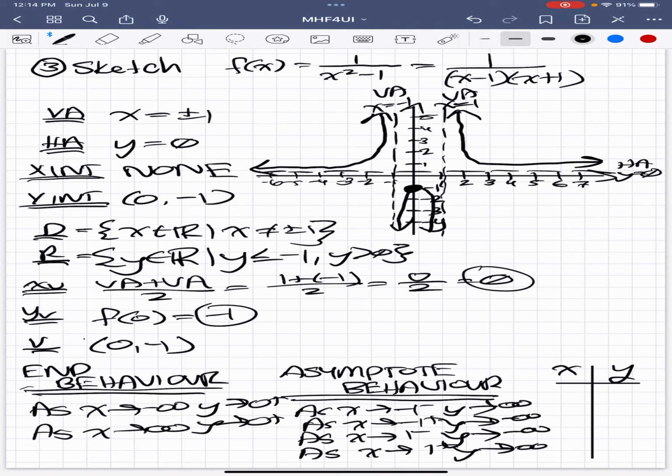Okay, and again, I don't see any points here, but let's do 2 and negative 2. We're going to get the same answer.